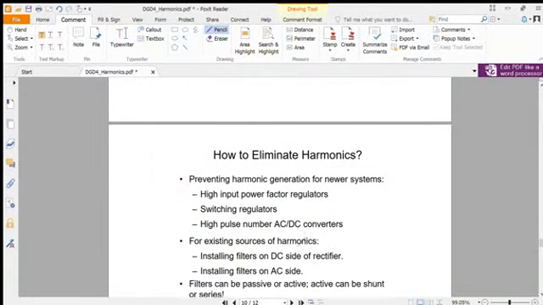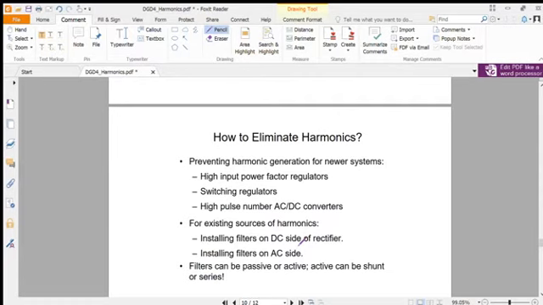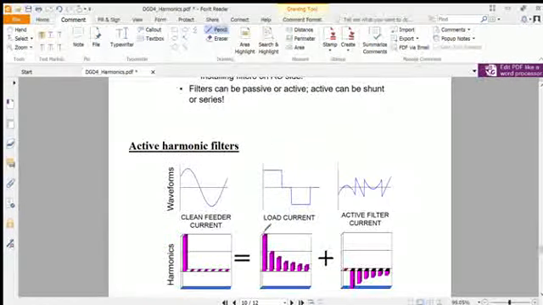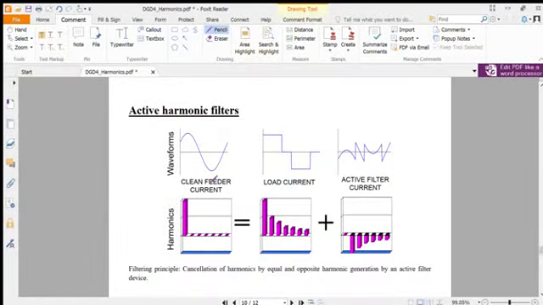So what is the remedy technique? There are multiple solutions. The most lucrative solution is using an active or passive harmonic filter. The principle is here. Commercially they developed this device in such a way that here is the fundamental wave, just one spike.